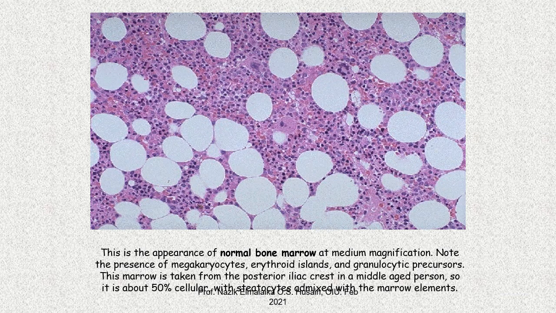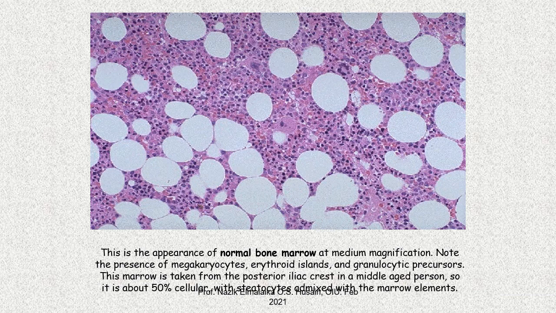This is the normal appearance of a bone marrow aspirate in an adult middle-aged man. It is 50% cellularity. These are the cells, and the white large circles are adipocytes.